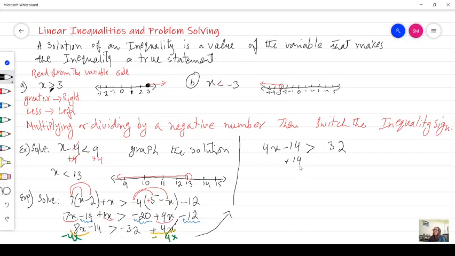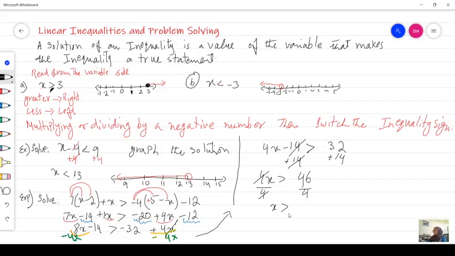So add 14 to both sides, because that's the opposite operation. I got 4x greater than 46. To get x by itself, divide by 4. Every time we jump over the inequality or equal sign, it means I have to use the opposite operation. So the 4 cancels out, and x is greater than 46 divided by 4.